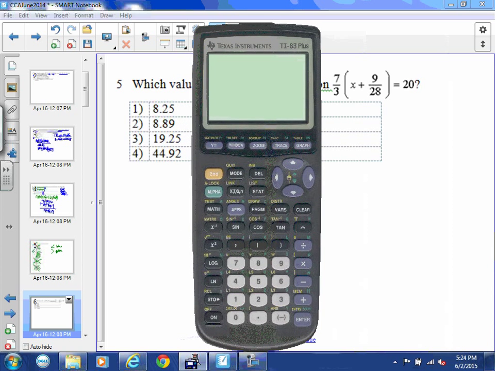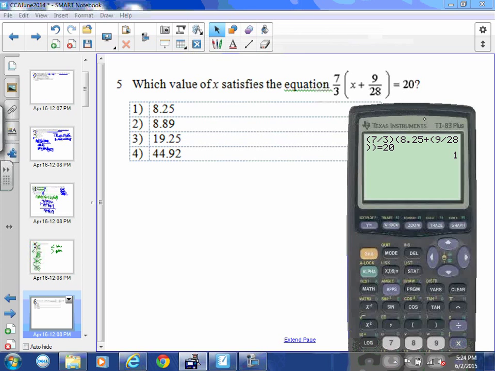I have to type in 7/3 like this, but for you, type it in as your alpha y equals enter. 8.25 plus parentheses 9/28. Again, you can use alpha y equals enter, close parentheses. Second test equals 20. It gives me a 1, so that's the correct answer.